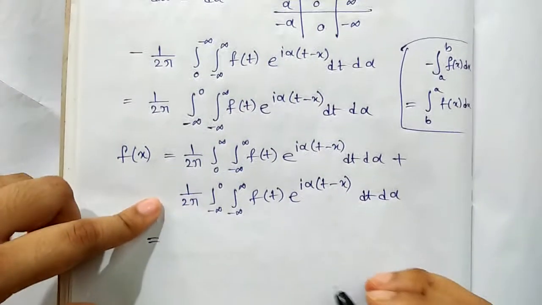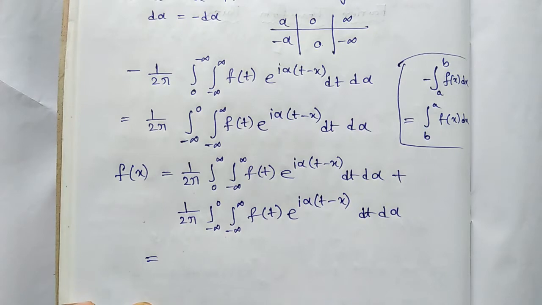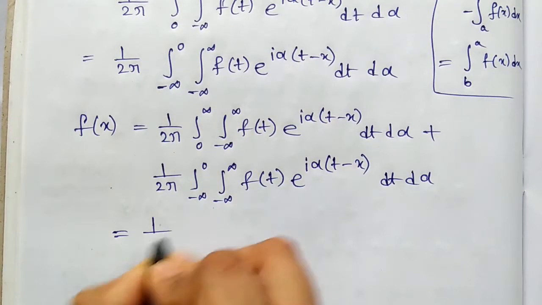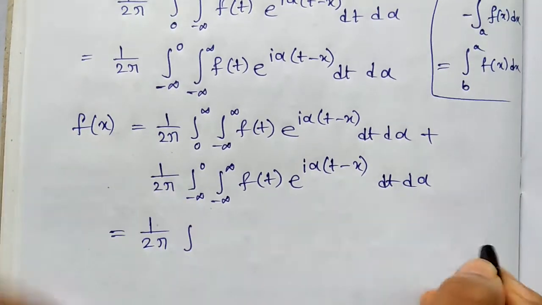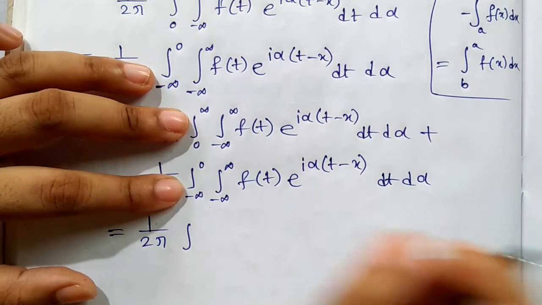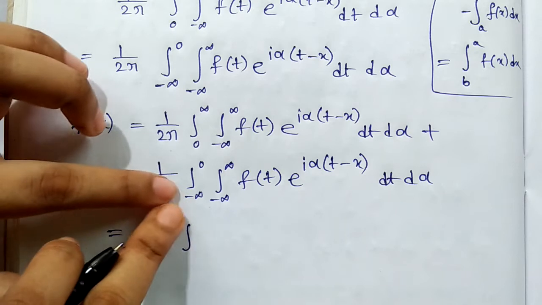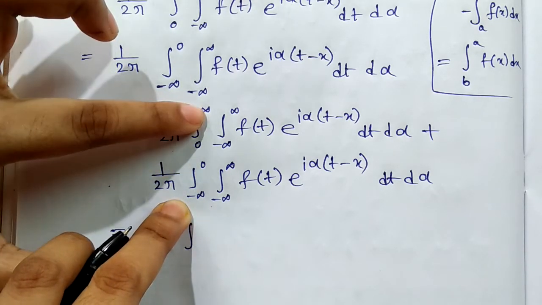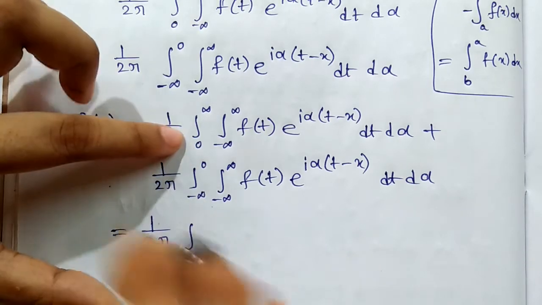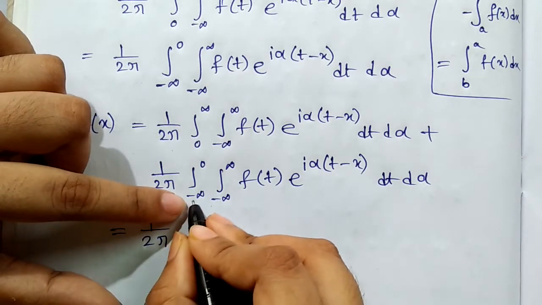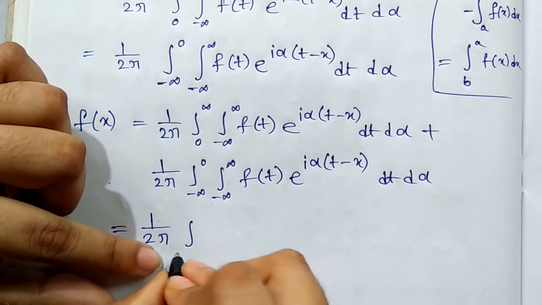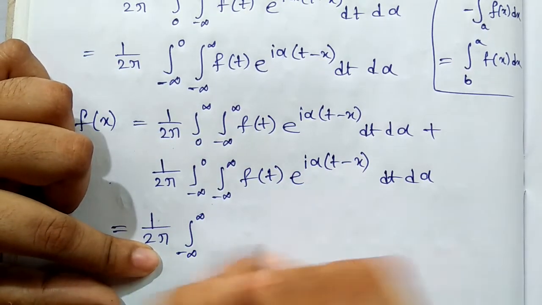Just rearranging this, 1 by 2 pi integration. The second one is from minus infinity to 0, and the first one is 0 to infinity. Combining these two, we can write minus infinity to infinity.